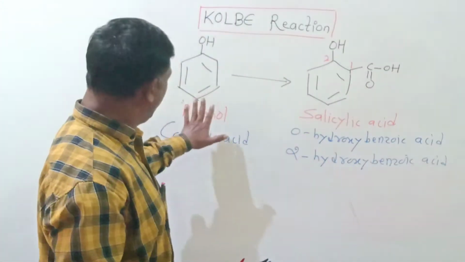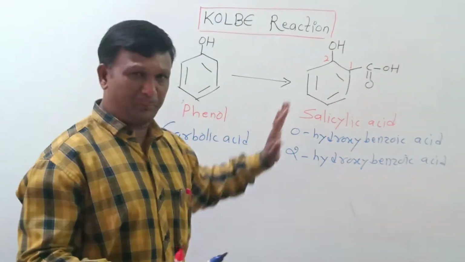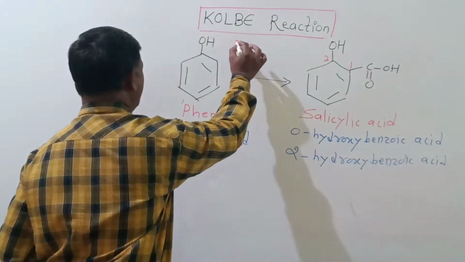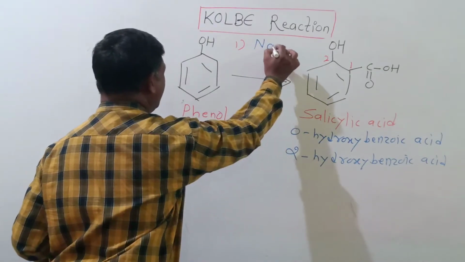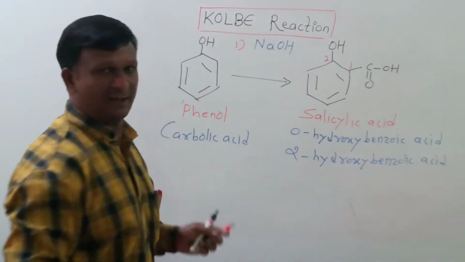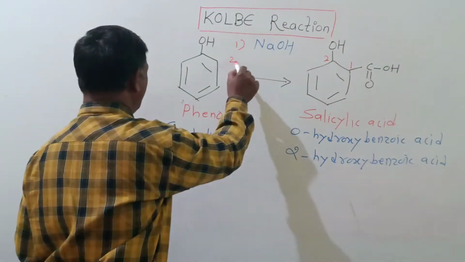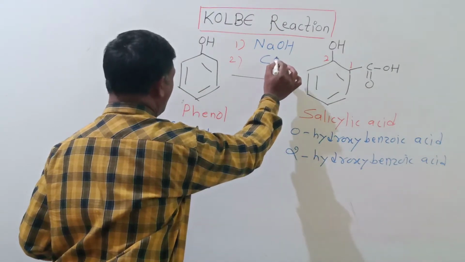So conversion of phenol to salicylic acid takes place in presence of sodium hydroxide, that is NaOH, in presence of carbon dioxide, CO2.